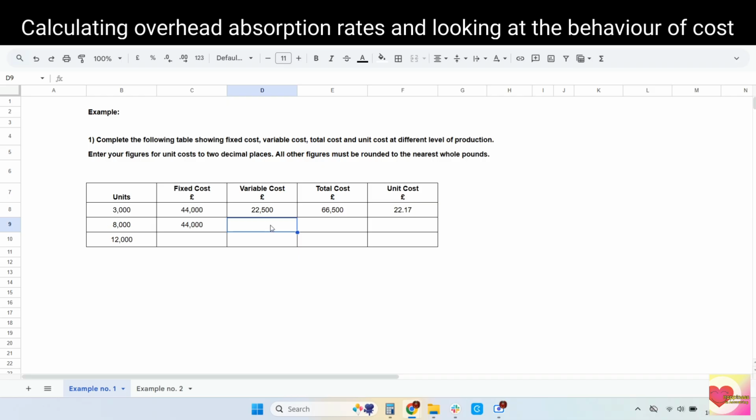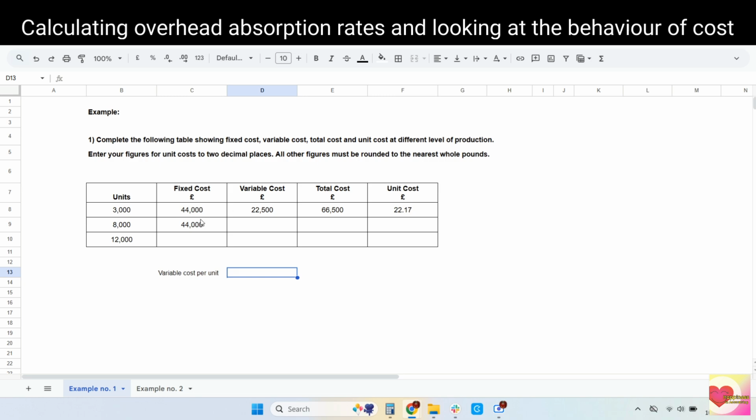To get the variable cost, we have to get the variable cost per unit first. I know it is not being asked here in this table, but we need it to get the variable cost for 8,000 units. To get the variable cost per unit, let's go back to this line.